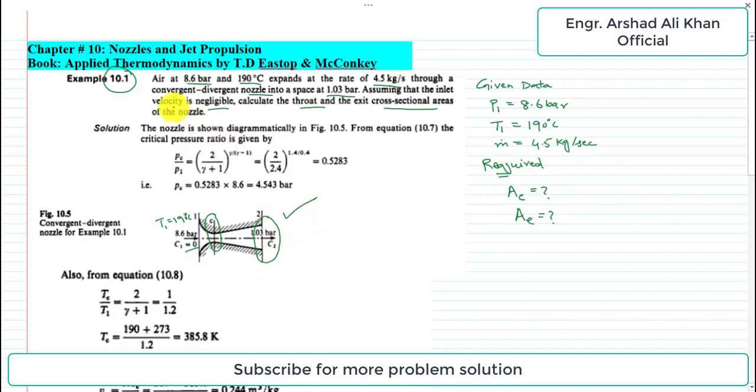Now, to start the solution of this example, first of all, we should know about the formula or expression which will be used for calculation of cross-sectional area. That is the continuity equation.